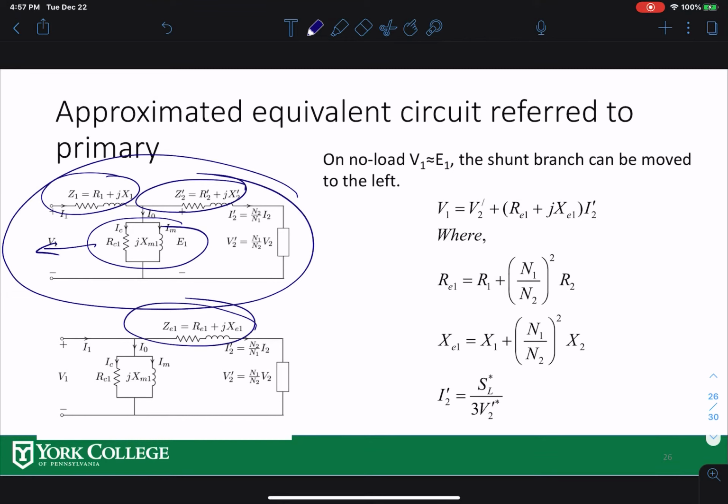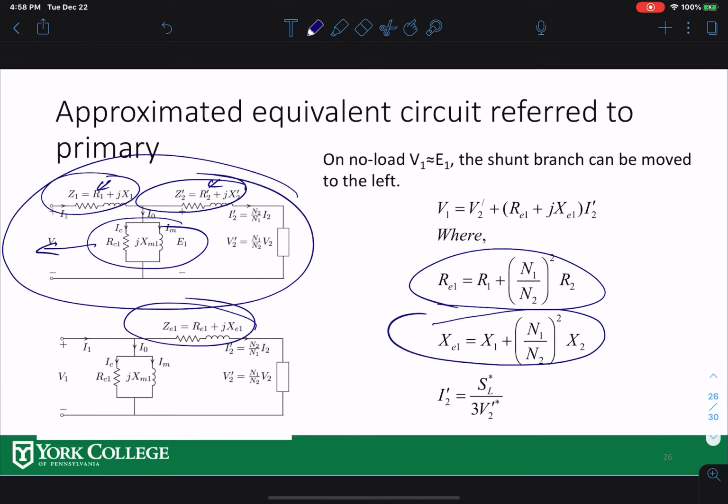So now RE1 is basically you're adding R1 with R2 prime. R1 with R2 prime is RE1. So that's the equivalent resistance referred to the primary. And same for XE1, you're combining X1 plus X2 prime. So that is the equivalent inductive reactance referred to the primary. So that's right here, right?